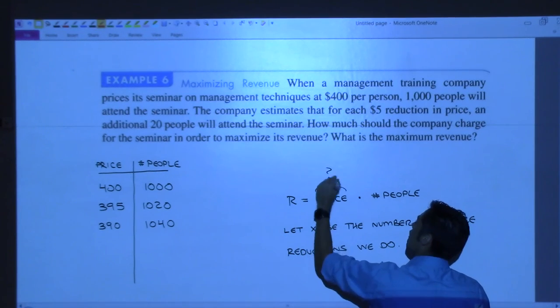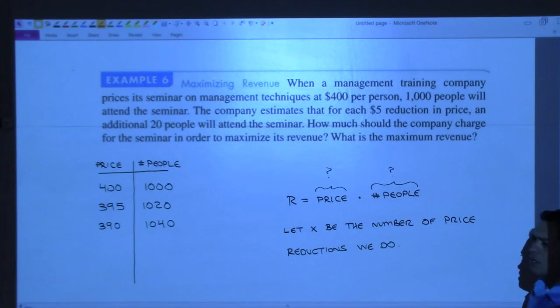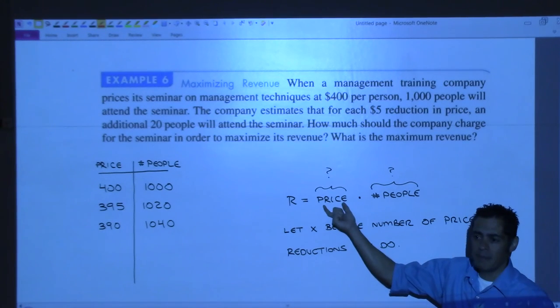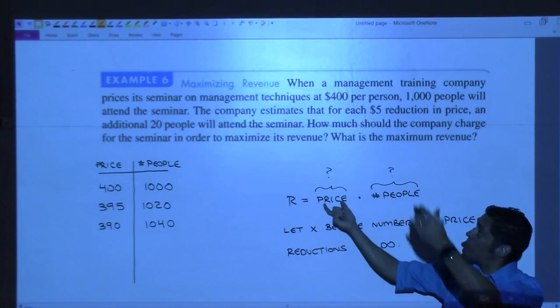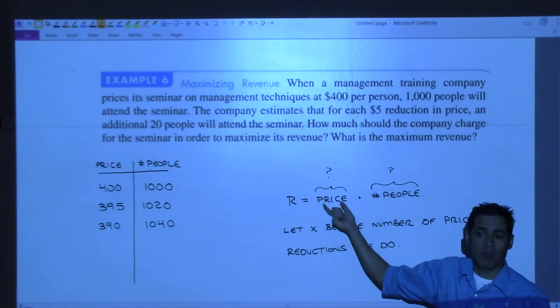So can you help me determine what these two pieces are? This and this. We need both of those somehow represented where X is in these. So can you tell me what the price is going to be? But you have to include the X in there. So it's 400, that's 400. I mean, if we do 400, that's no reductions, right? What if we do one reduction?